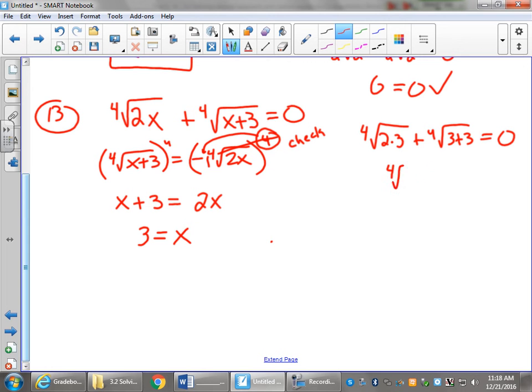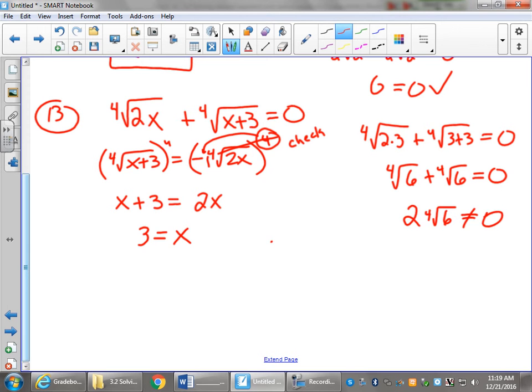I'm going to get the fourth root of 6 plus the fourth root of 6 equals 0. You can stop right here. You could change them to decimals using your calculator, but there's no way a positive number plus another positive number is going to come out to be 0. It's just not possible. If you leave this in radical form, one fourth root of 6 plus another fourth root of 6 gives 2 fourth roots of 6, which does not equal 0.